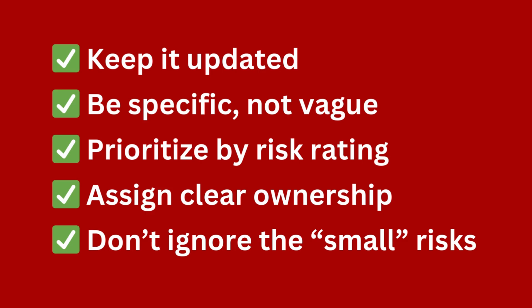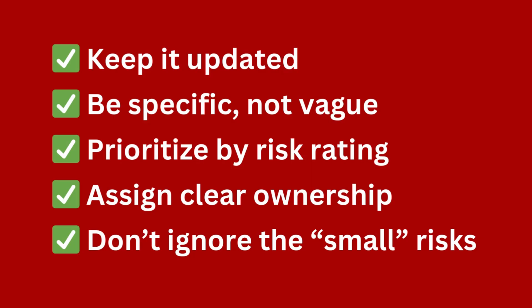Prioritize by risk rating. Focus your time and budget on high-impact, high-likelihood threats first. Assign clear ownership. Every risk needs someone accountable for monitoring and mitigation. Don't ignore the small risks. Even low-likelihood threats can become disasters if left unmanaged, especially in a high-value system. Consistency, clarity, and accountability are key.